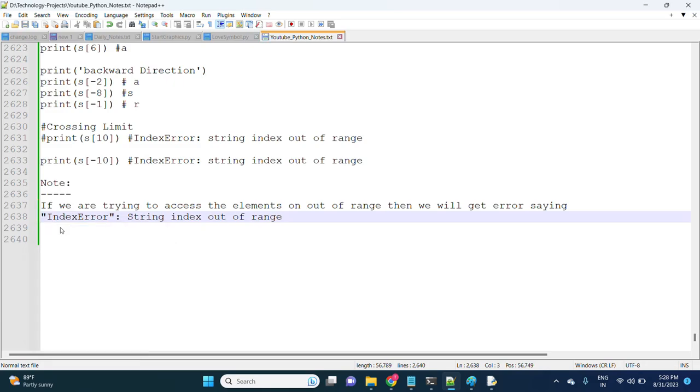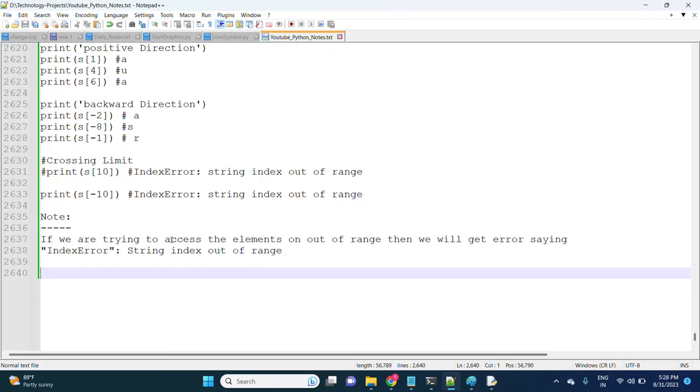Now the next concept. I'm going to explain one program based on strings. I want to print the characters in the console by index, both positive index and negative index.